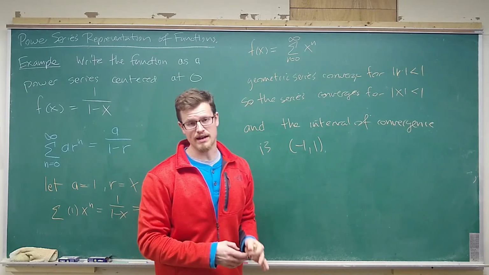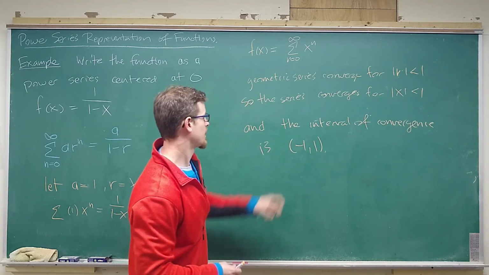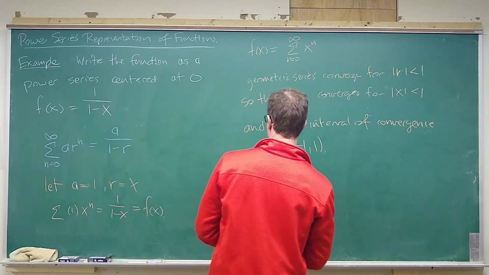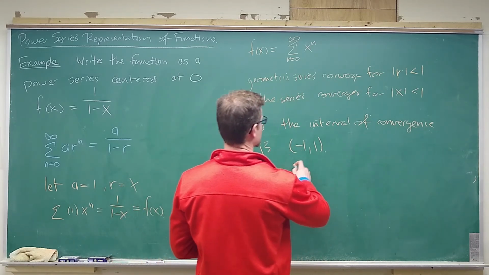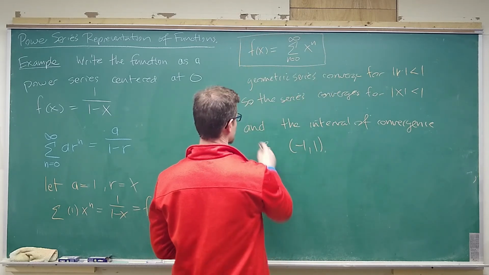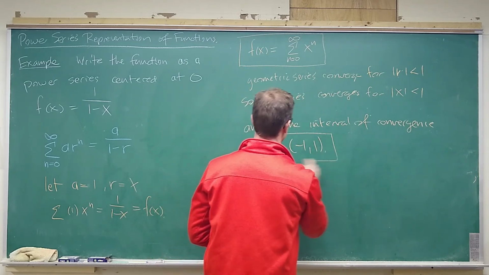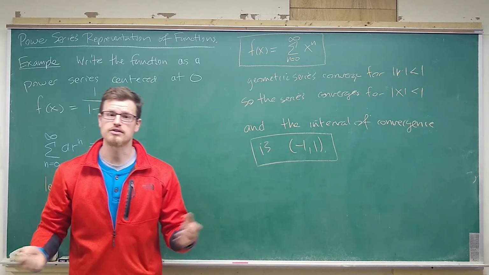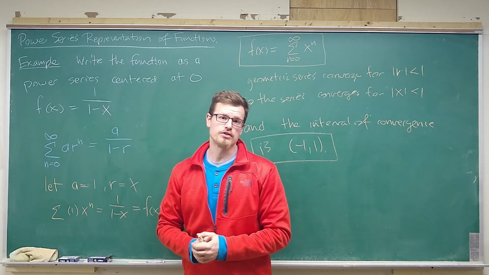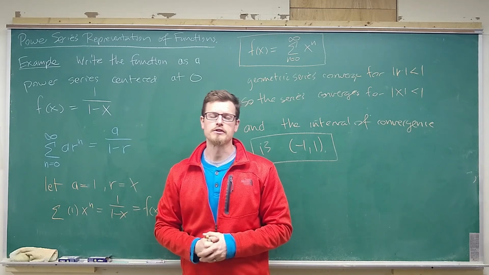So we know that it diverges in this case at -1 and +1. All right, and that's all that we're looking for there. The power series representation for the function centered at 0, and we wanted to find the interval of convergence. It's not asked for here, but of course such things are of interest to us.